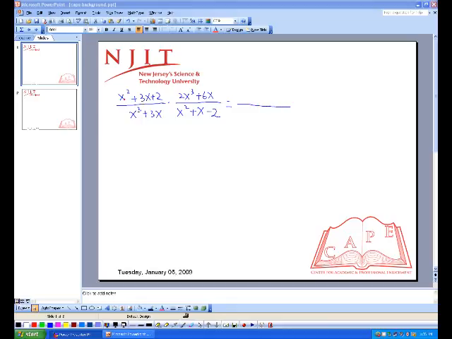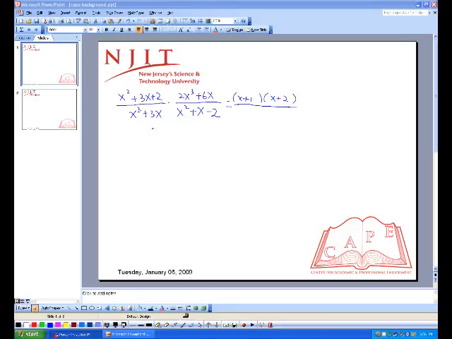That's the first step, is to factor x squared plus 3x plus 2 into two smaller polynomials, into its factors. So you should remember this from the previous section of factoring trinomials. Okay, so x squared plus 3x plus 2 should equal x plus 1 multiplied by x plus 2.